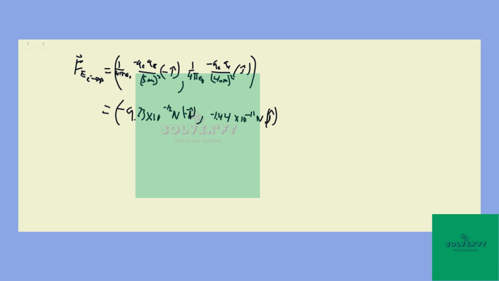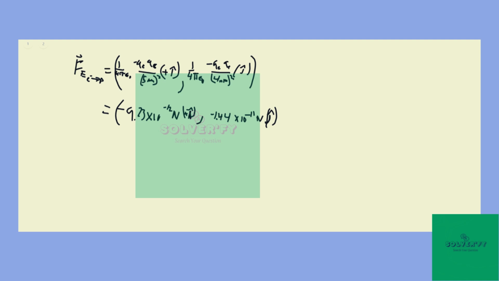Okay, so we can cancel out those if we want. Actually, I messed something up here. So negative i hat, actually that should just be positive right there. So that should be positive. So we're not distinguishing what the direction is in this vector here.